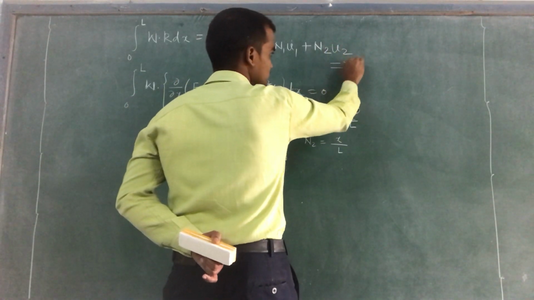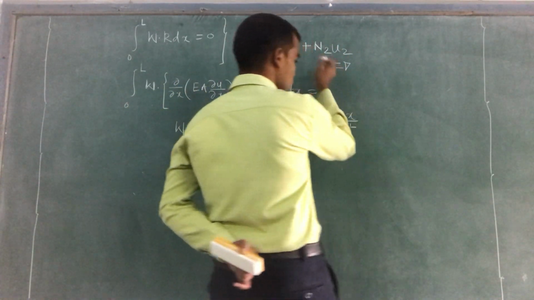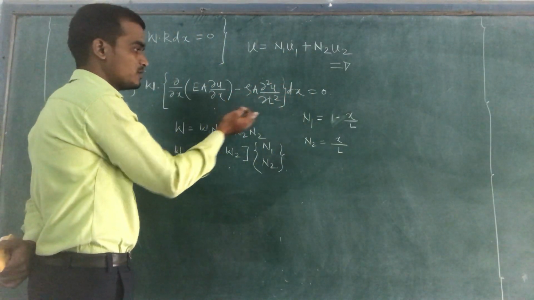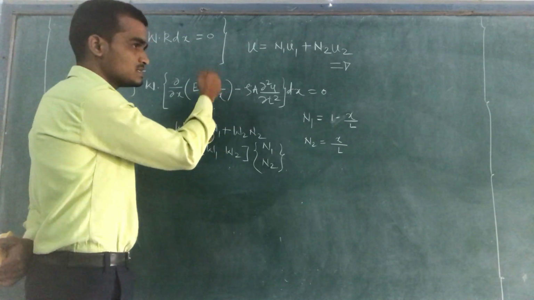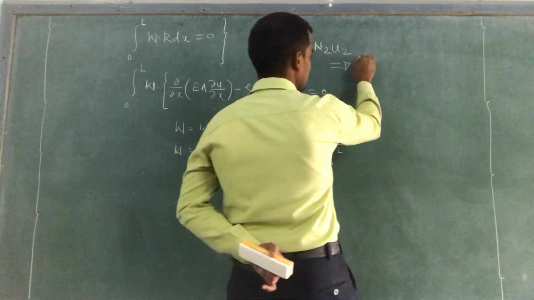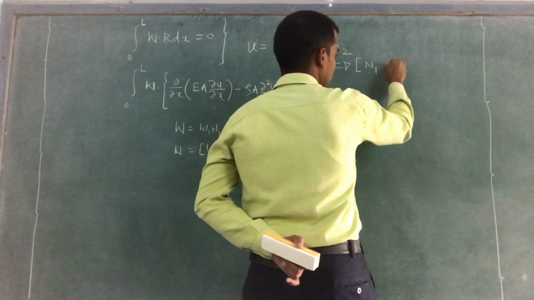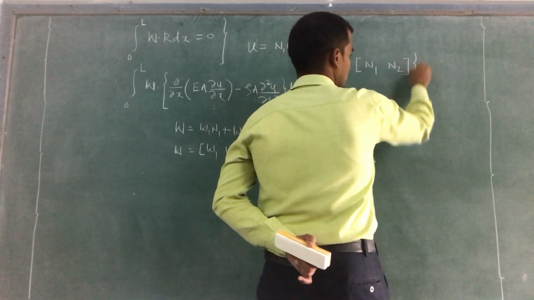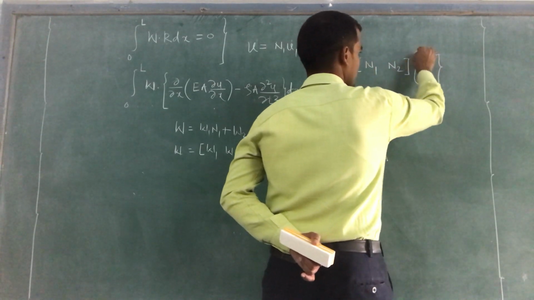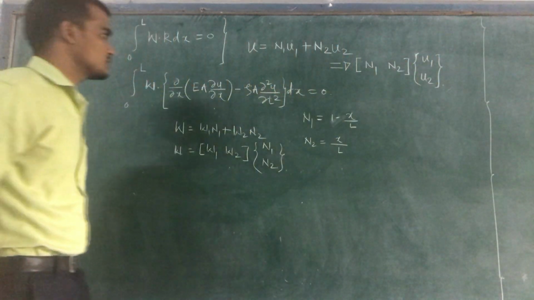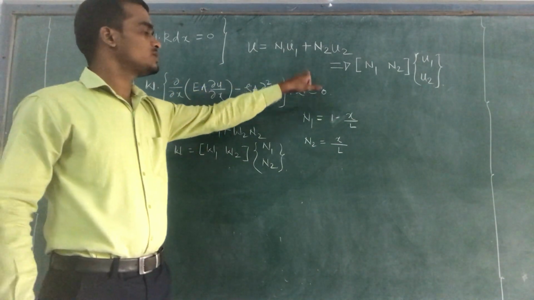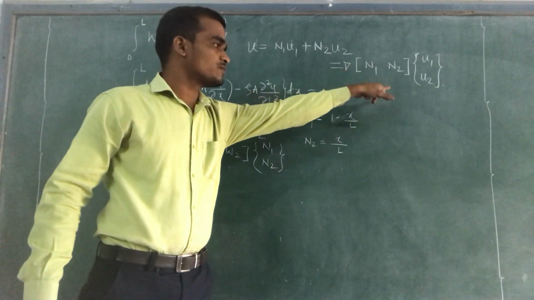Or you can write this in matrix format, because we have already studied these concepts of N1, N2 and how to write u. So u is N1 u1 plus N2 u2, that is, N1 N2 into the vector u1 u2.